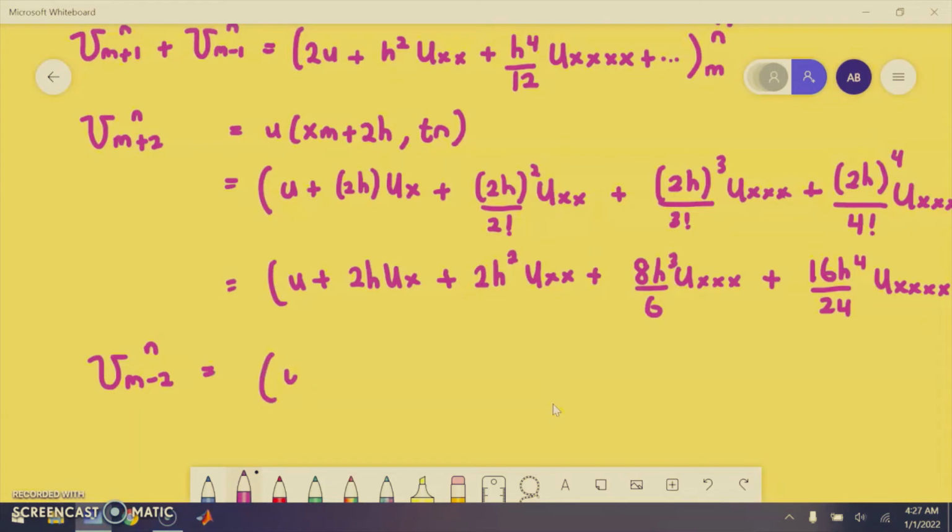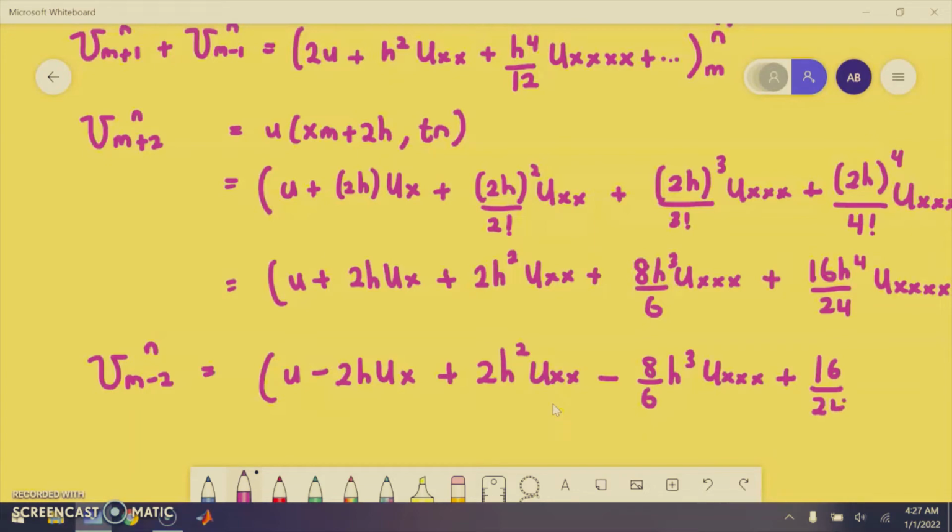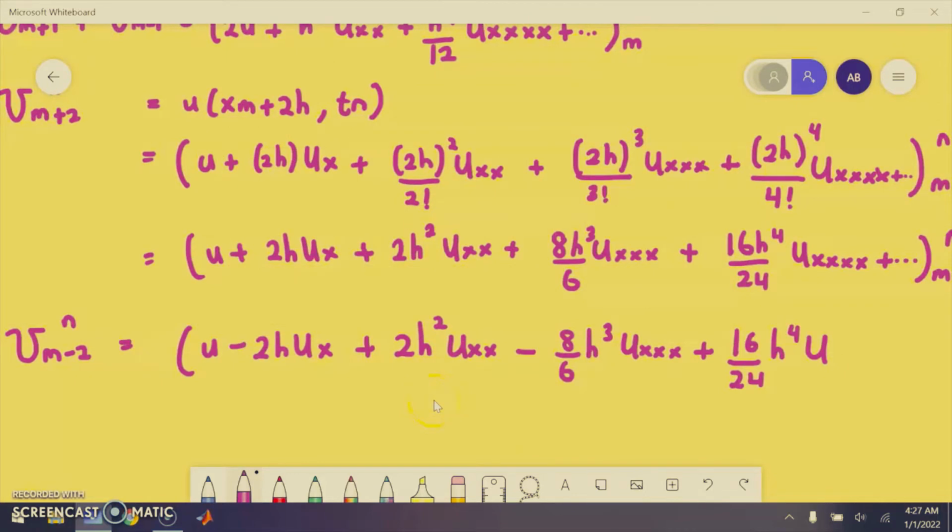So I can write this as u minus 2h u_x plus 2h squared u_xx minus 8 over 6 h cubed u_xxx plus 16 over 24 h to the power of 4 times the fourth derivative, and so on.